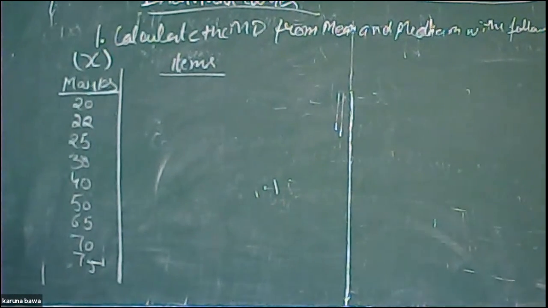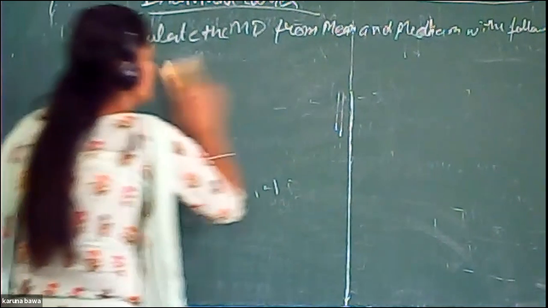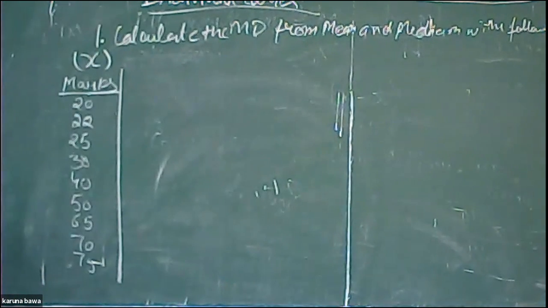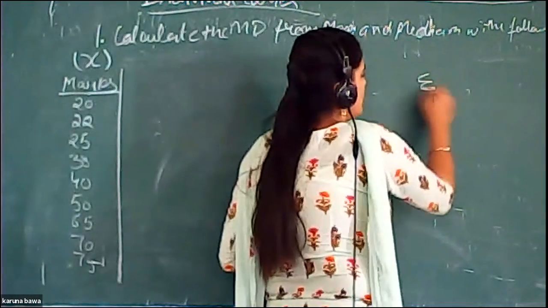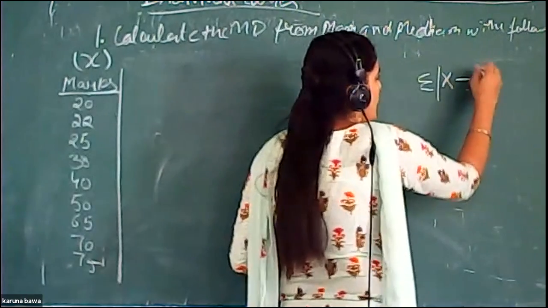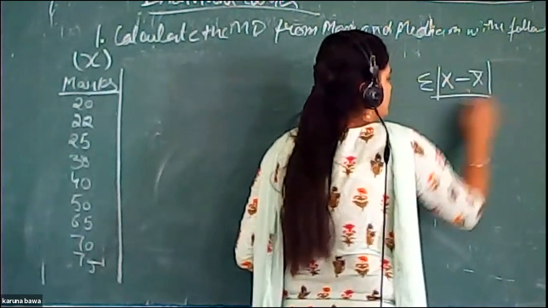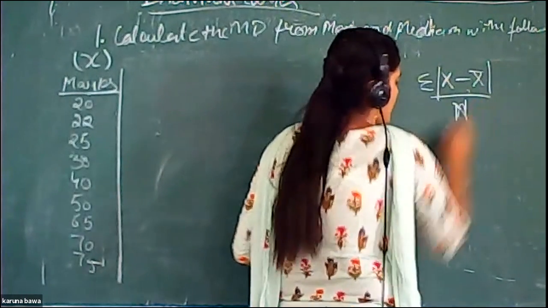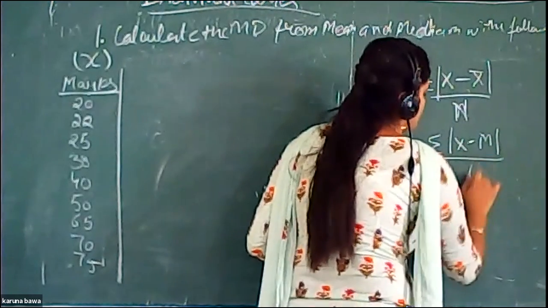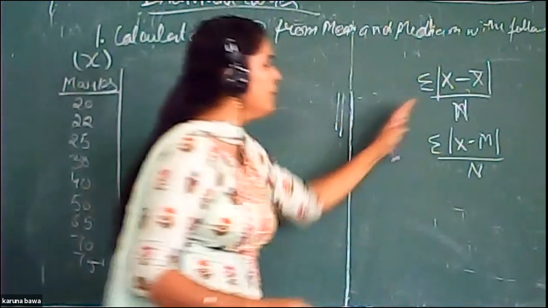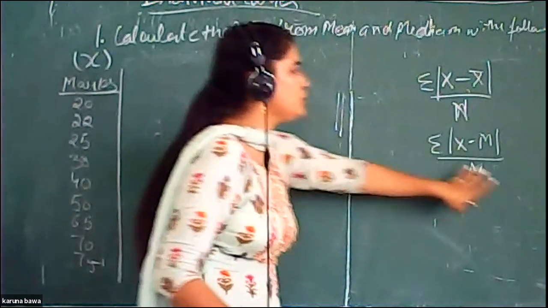So on the other hand, firstly we find out the mean. As we know, this is the formula of mean deviation from mean and mean deviation from median.